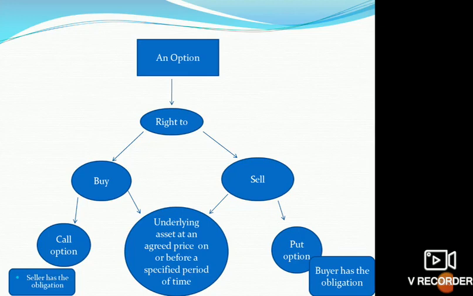And another party, okay, so the seller has the right means the other party has the obligation. Okay, obviously there is existence of the underlying asset at an agreed price. This is the main feature of the derivative.